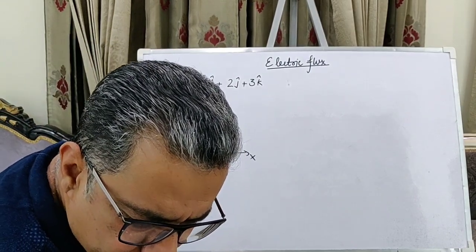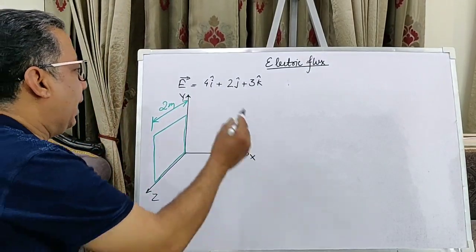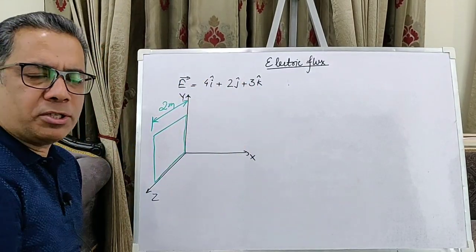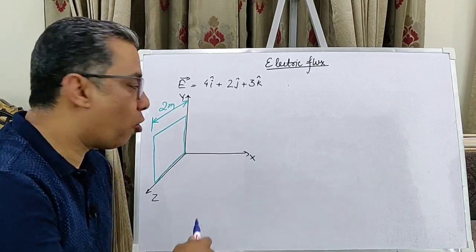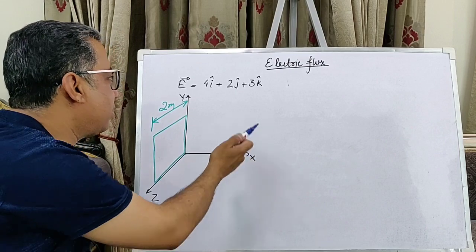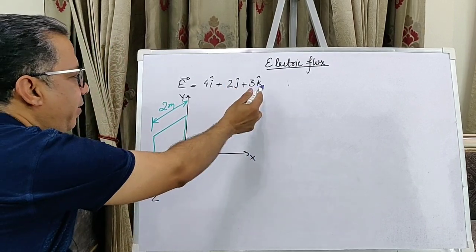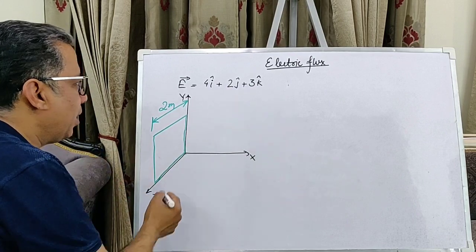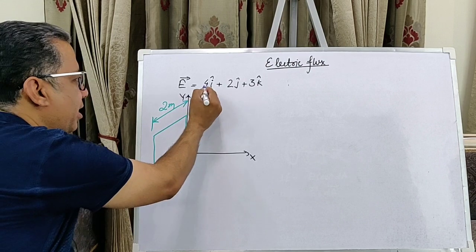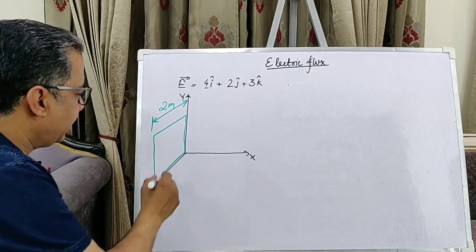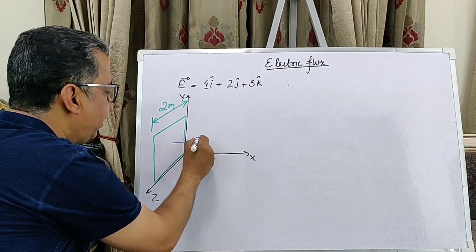Now, in this particular example, the electric field is constant, although it is not normal or perpendicular to the surface. This electric field has three components. One is the x component, which has a magnitude of 4 and is indeed perpendicular to the surface.